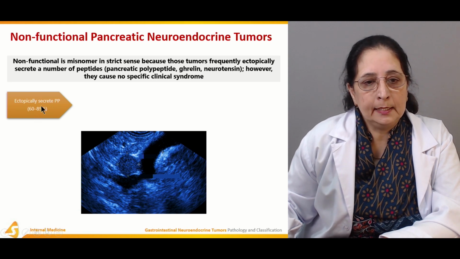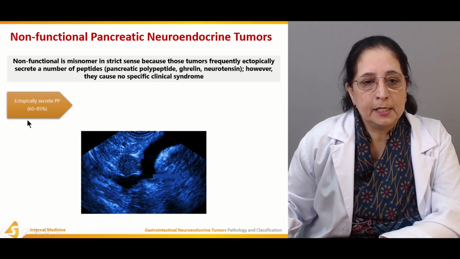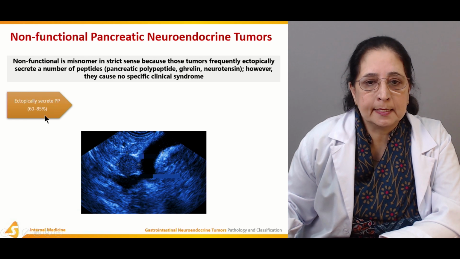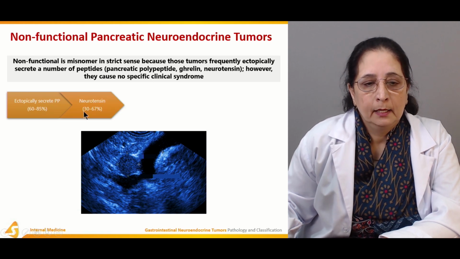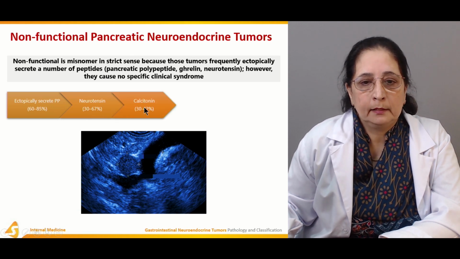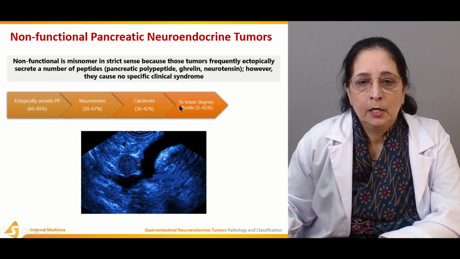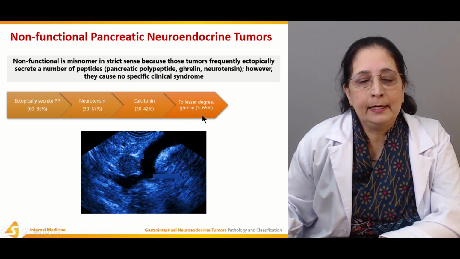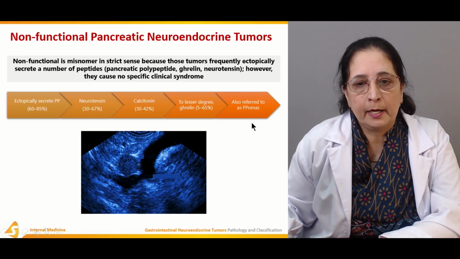They ectopically secrete polypeptide, 60 to 85%. Then we have neurotensin, 30 to 67%, calcitonin, 30 to 42%, and to a lesser degree ghrelin, which is 5 to 65%.